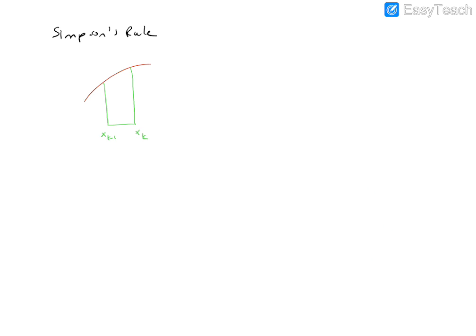So in the trapezoid rule we have this line. Simpson says choose the midpoint. Okay, this is the midpoint. Actually, you know what is the midpoint? (xk plus x(k-1)) over 2 is the midpoint. Okay. So at that point, sketch the tangent line.